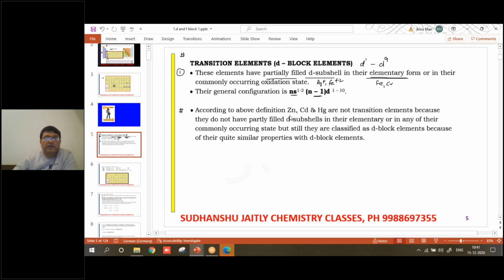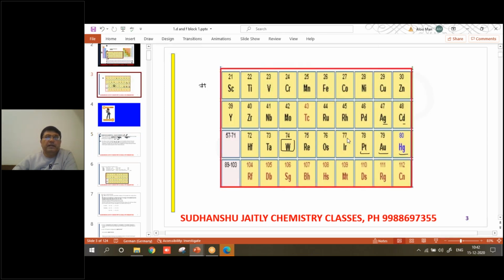Now if you see, according to the definition, zinc, cadmium, mercury lie here. It is 4s2 3d10 for zinc, 5s2 4d10 for cadmium, and 6s2 5d10 for mercury. If you look at zinc, cadmium, mercury: the common oxidation state of zinc is +2, so it will have a configuration of d10.